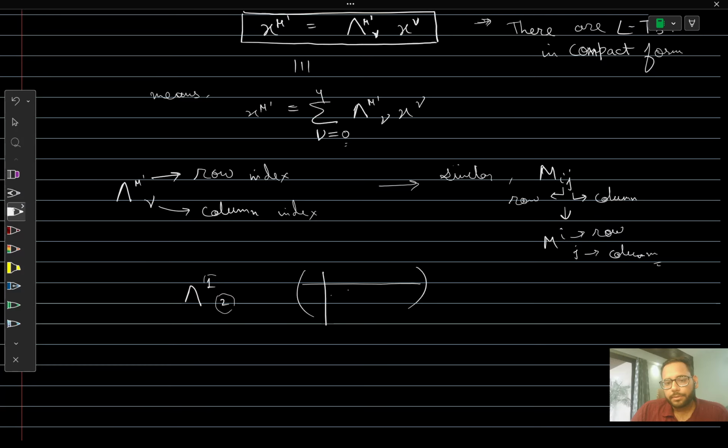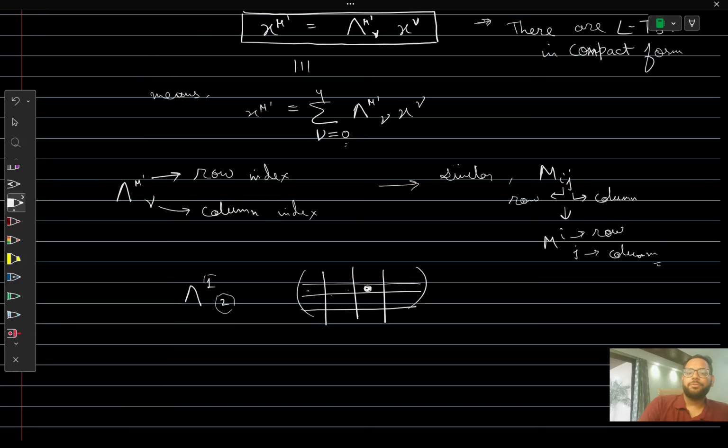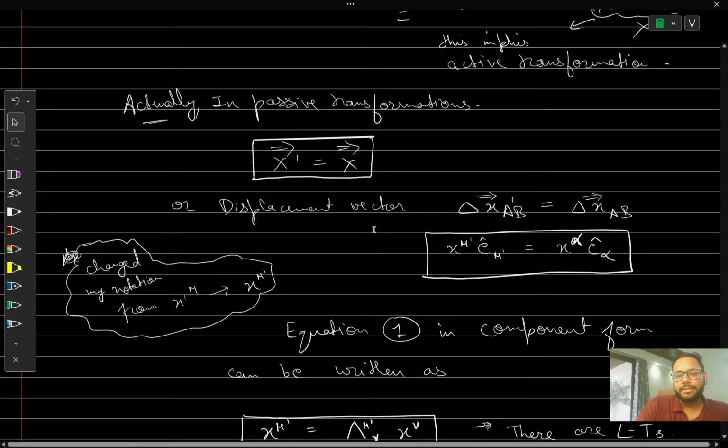Sorry, I'm just confused. This is my zeroth row, this is my first row, and the second number will be the column. So you just remember this. You can practice this, don't worry.